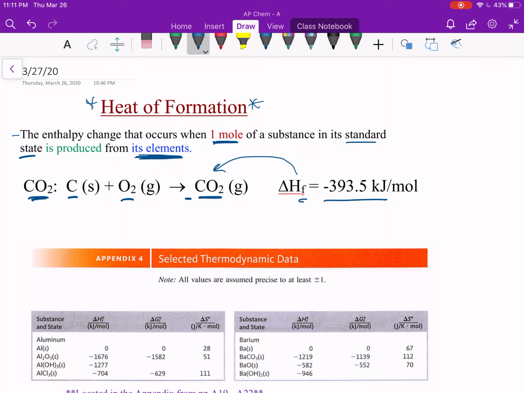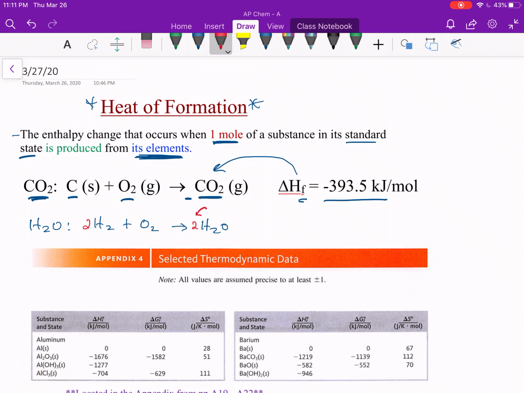If we look at water, for instance, and I want to look at the formation reaction for H2O, we'll have H2 plus O2. Those are my two elements, and we're going to go to H2O. Now, normally to balance this, we'd say we need a 2 here and a 2 here. Well, that's not the formation reaction because now we have 2 moles.